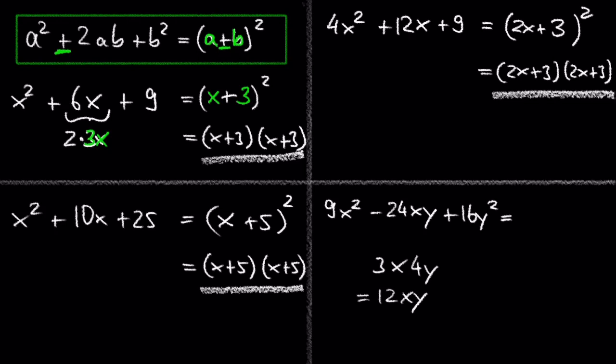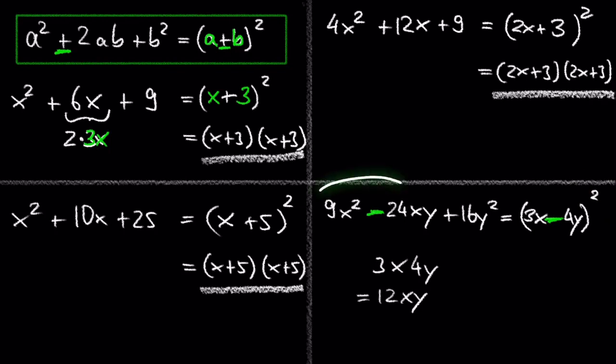And we can write it as the square root of 9x squared, which is 3x, minus the square root of 16y squared, which is 4y. Don't forget to square it.